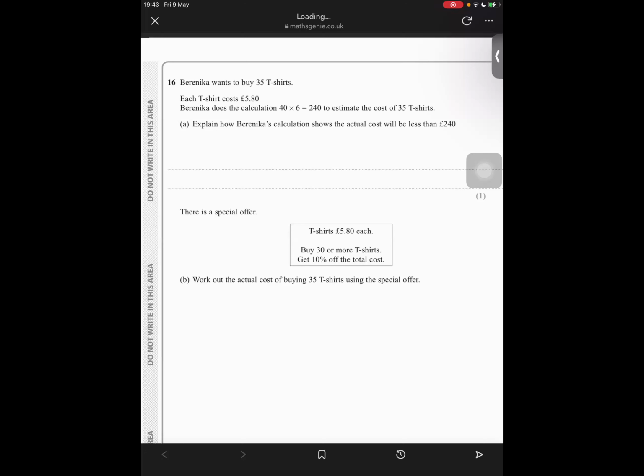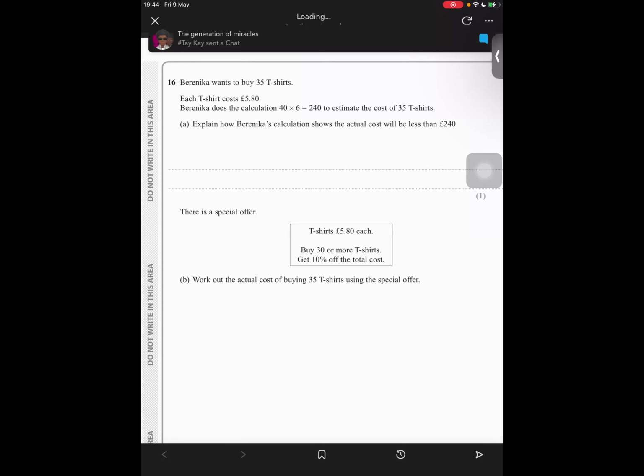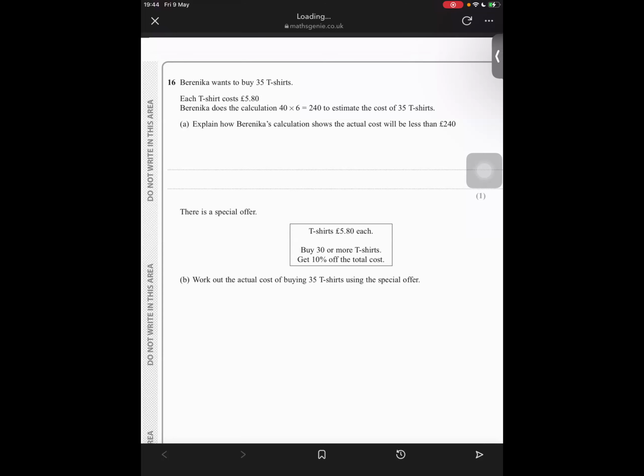Okay, this is an estimation question now. I think obviously we can see that Veronica approximated upwards, isn't it? Yes. So that would make it definitely more than the actual value, so the actual would be less than. I don't know how you want to explain it, but say he or she rounded the values upwards. 5.8 was rounded up to 6. 35 was rounded up to 40.